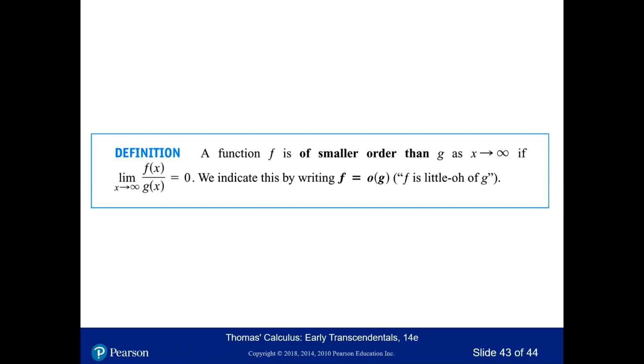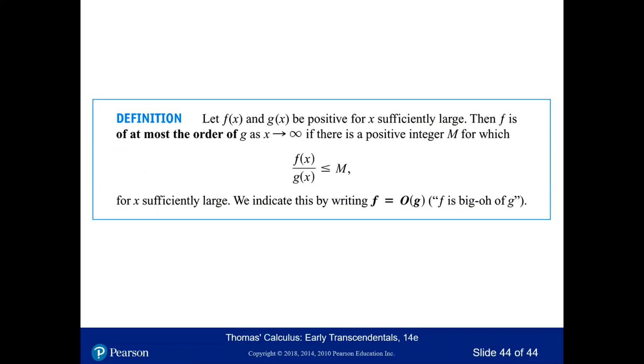We use f is little o of g. Now we use big O if these two functions, f and g, are growing at the same rate. Then we can say that f is big O of g. So here is the key part: f is of at most the order of g as x approaches infinity.